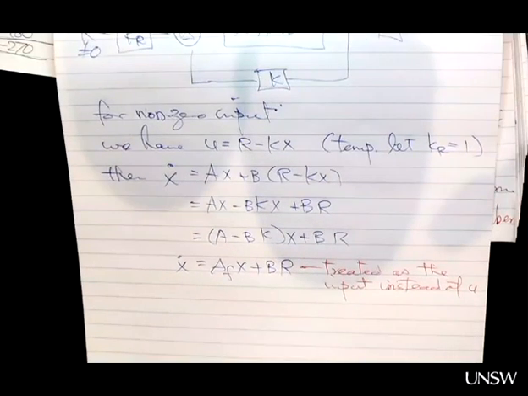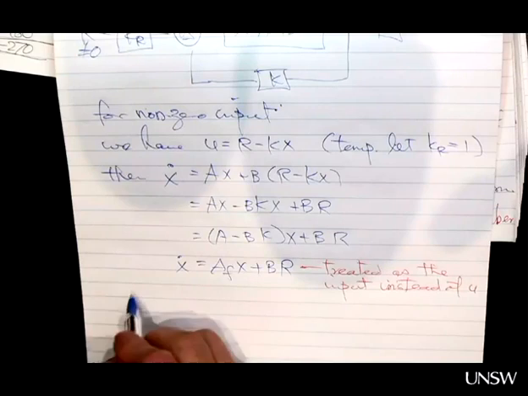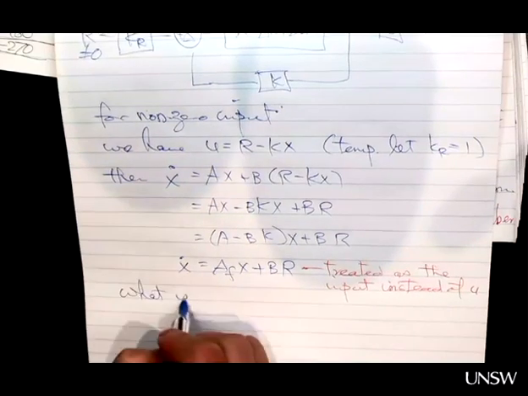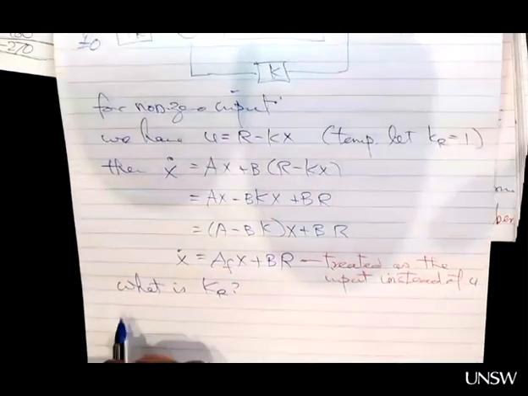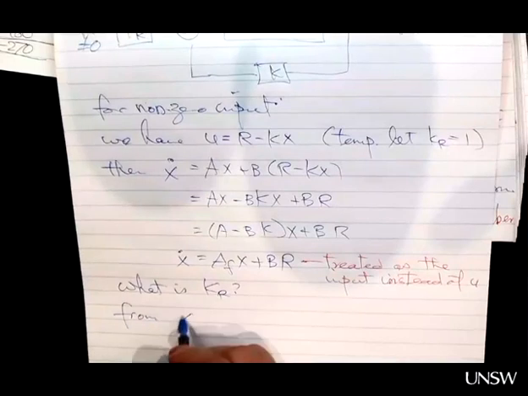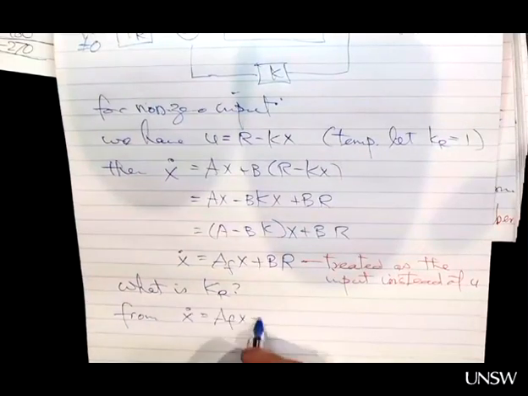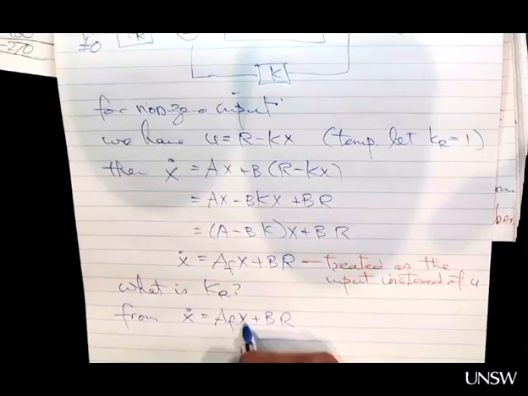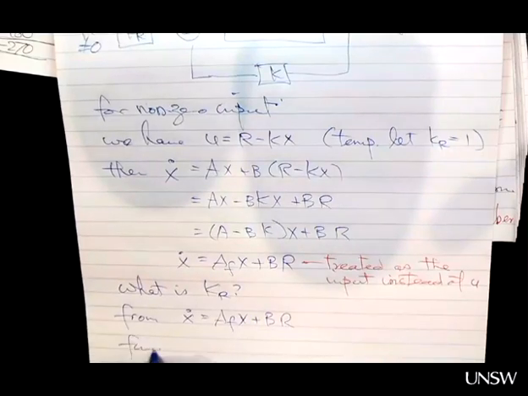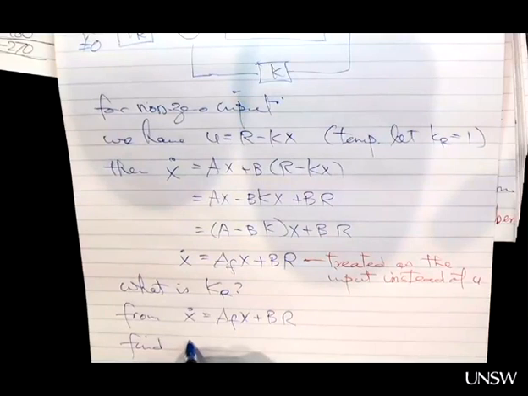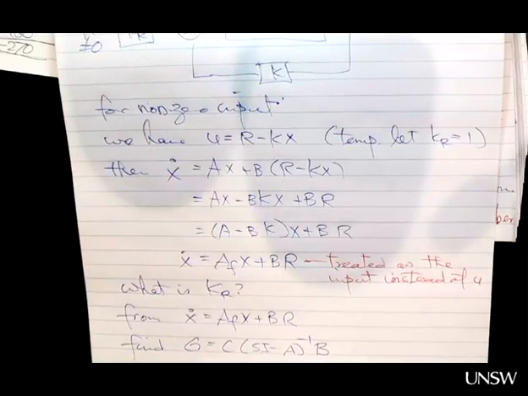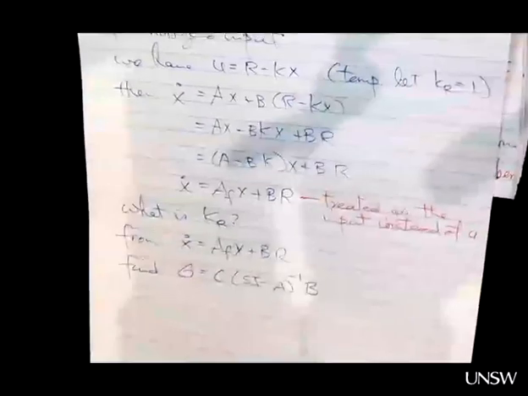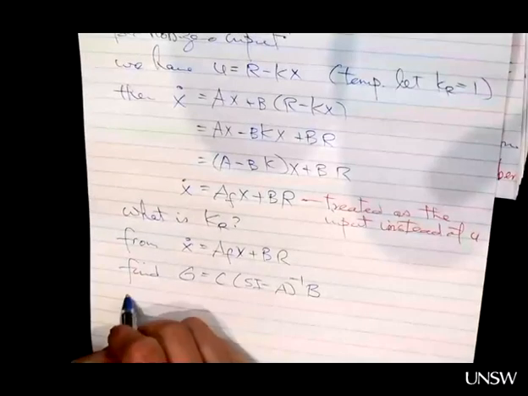So what is KR? From x dot equals AF x plus B R, we find the transfer function C, and then obtain the steady state error.